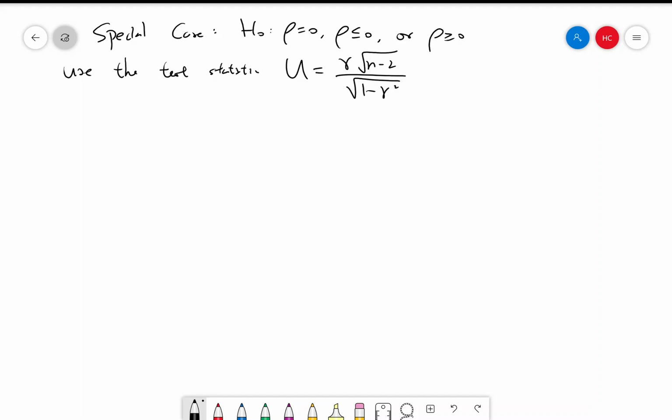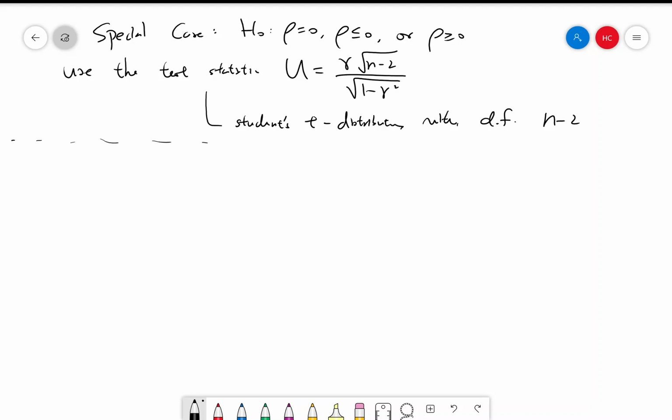This test statistic has a student's t-distribution with degrees of freedom n minus 2. So we can just use the t-table to find the p-value or the range of the p-value.